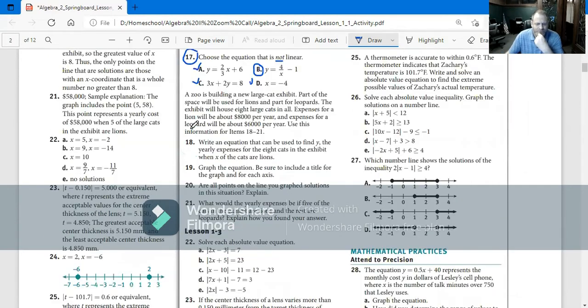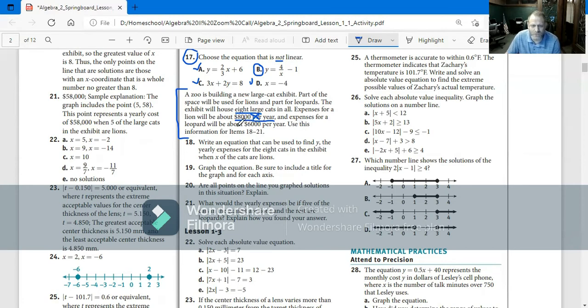Number 18. Let's look at what is leading us into 18. A zoo is building a new large cat exhibit. Part of the space will be used for lions and part for leopards. The exhibit will house 8 cats in all. Expenses for the lion would be $8,000 per year, so 8,000x, I'm just going to put an X in the place of that.